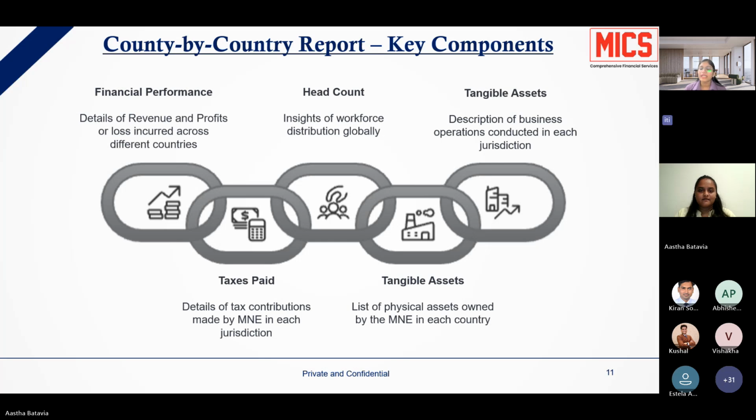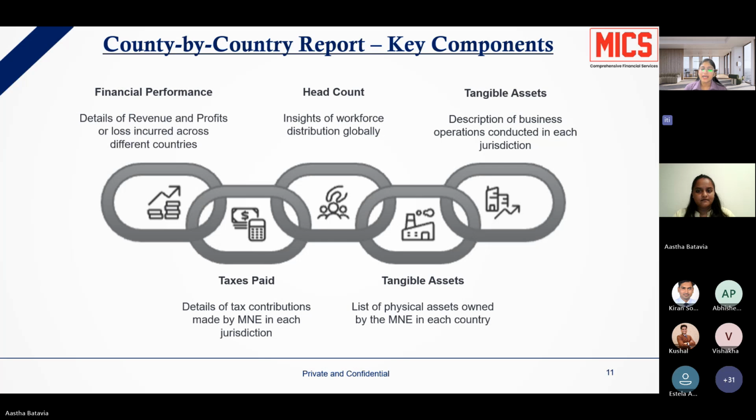We have to report the amount information regarding tangible assets in each jurisdiction. Then the employees run the company, so we need to see how many employees are being allocated among different jurisdictions.